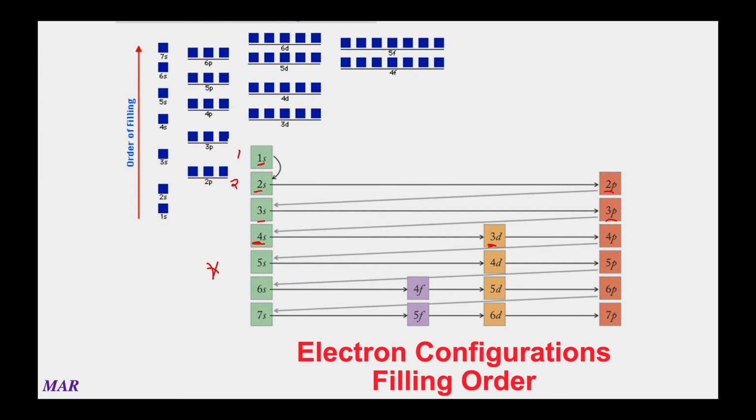Notice here how the period numbers are 1, 2, 3, 4, 5, 6, 7, etc. So 3d and then 4p follows, then 5s, n minus 1, 4d, 5p, then you go 6s, and then notice here how here's the first 4f, it's 6 minus 2, or 4f, then 5d, 6p, etc. So this is an alternative way to see how the electrons get filled in as you go through.